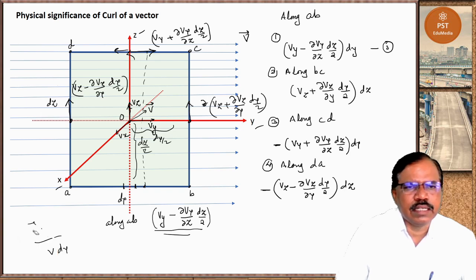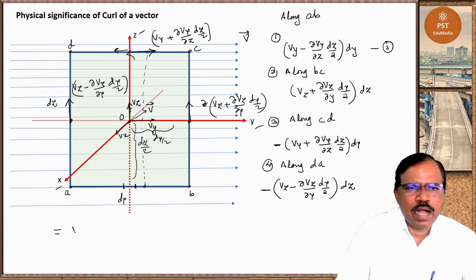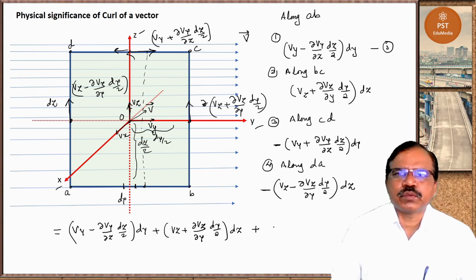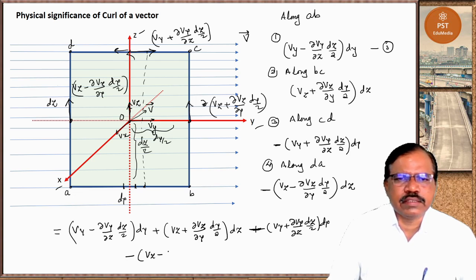So what is the total line integral along the closed path? Total: Vy minus ∂Vy/∂z into dz/2 multiplied by dy, plus Vz plus ∂Vz/∂y into dy/2 multiplied by dz, plus, here we have minus now, third one, Vy plus ∂Vy/∂z into dz/2 multiplied by dy, minus, in bracket, Vz minus ∂Vz/∂y into dy/2 into dz.